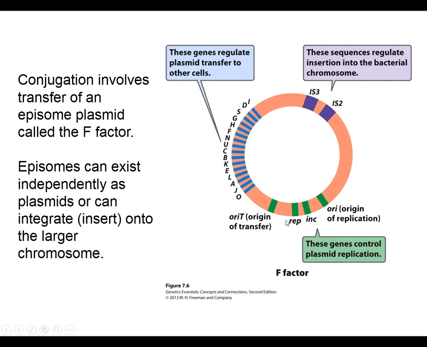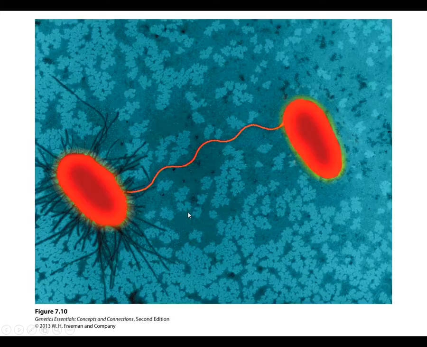It has an origin of replication, and it has genes that allow it to make what's called the pilus, which creates a bridge between the two cells, and then some other proteins that allow for its replication and transfer into the other cell.